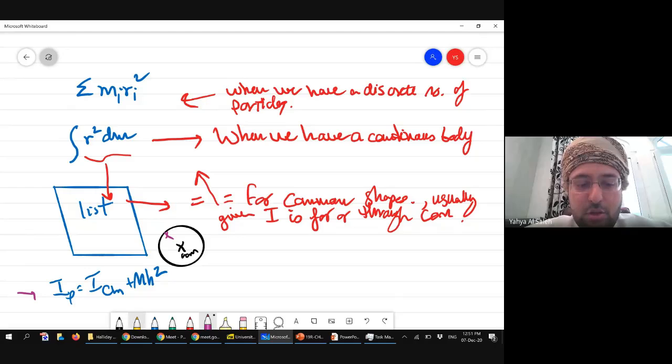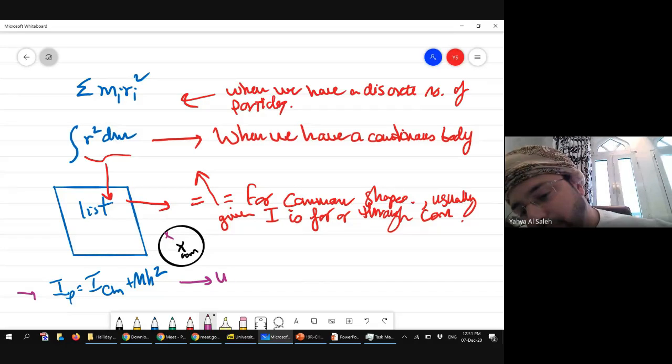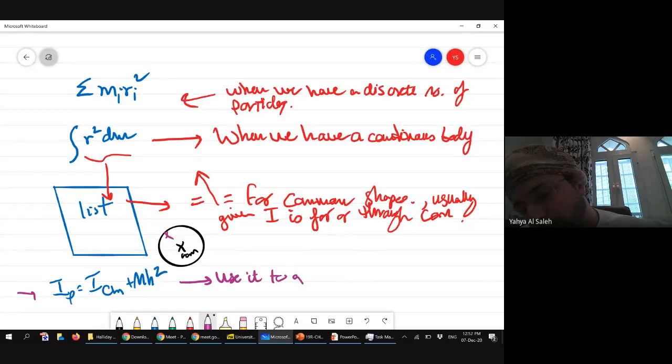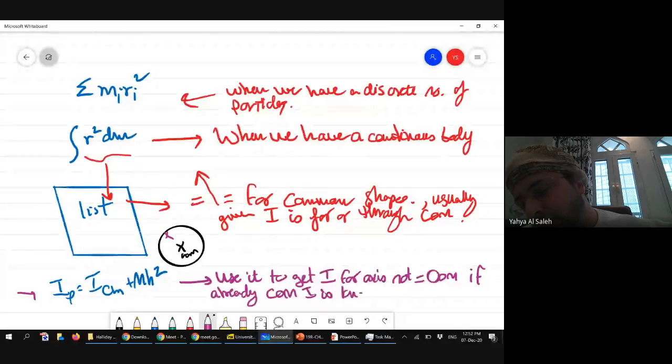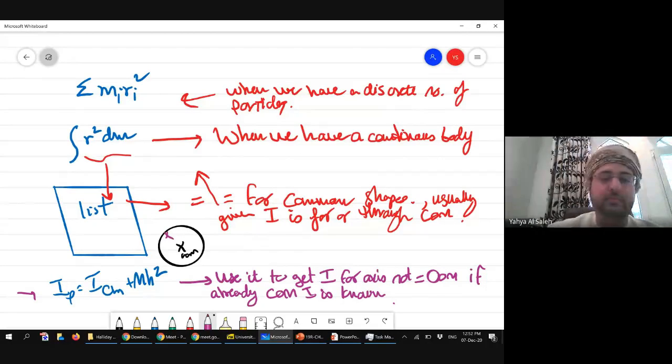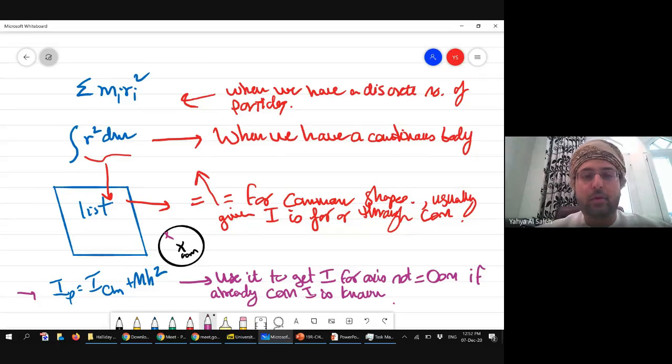This, you use it to get I for an axis not equal to COM if I_COM is already known. Okay?